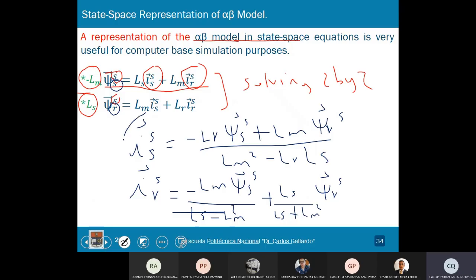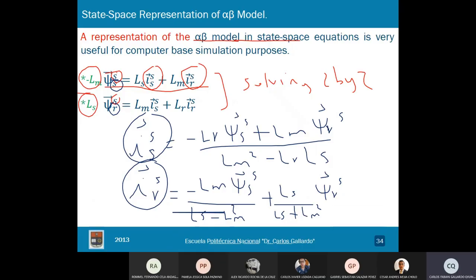So solving these 2 by 2 equations, I get the stator current and the rotor current.